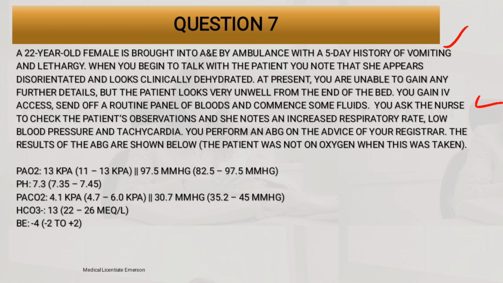And the pH was 7.3. The partial pressure of carbon dioxide was 4.1 kilopascals, and in terms of millimeters of mercury, it was 30.7. Then the bicarbonate was 13. Then the base excess was -4.